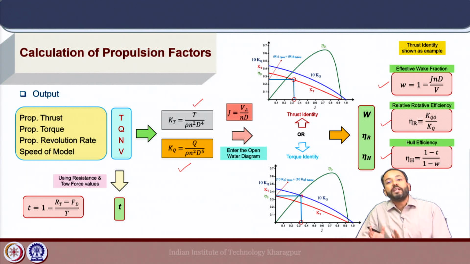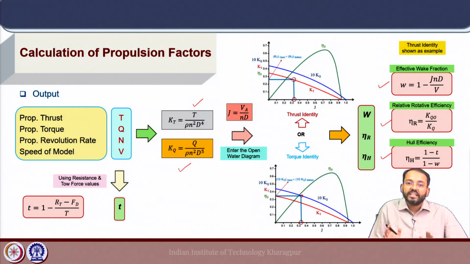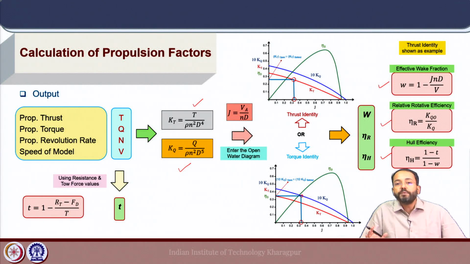Now, when the propeller is acting behind the ship hull, it also changes the flow in the stern part of the ship. Now, it cannot be measured directly from the experiment because the propeller is rotating at that particular position. Because of this, there is an indirect way which we call the effective wake fraction.